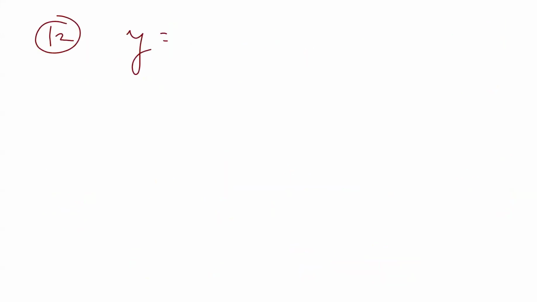y is equal to x raised to log x. Now, if you take a look at the denominator, this is x. So base is with x term, power is also with x term. So when base is with x and power is with x, what do we do? We take logarithmic differentiation.